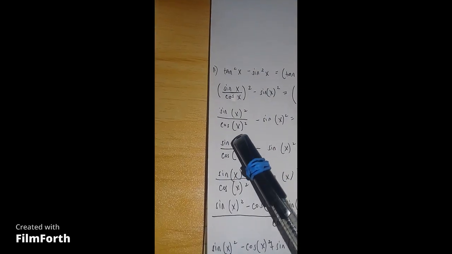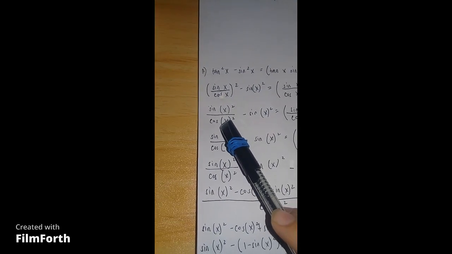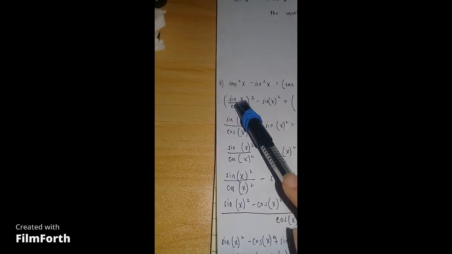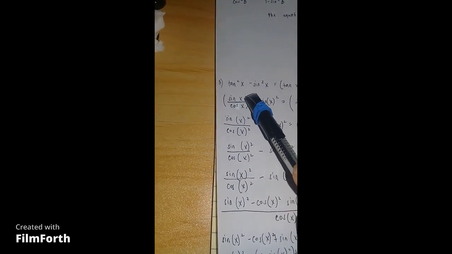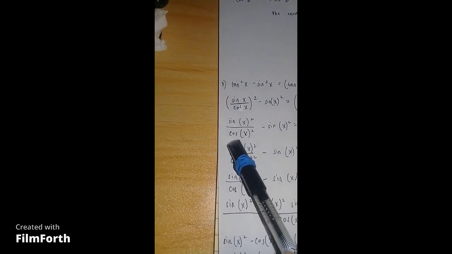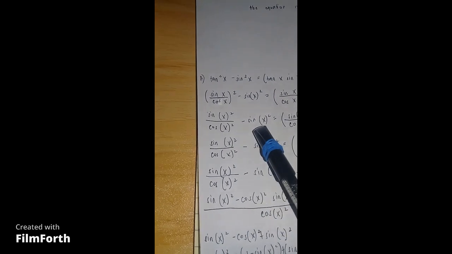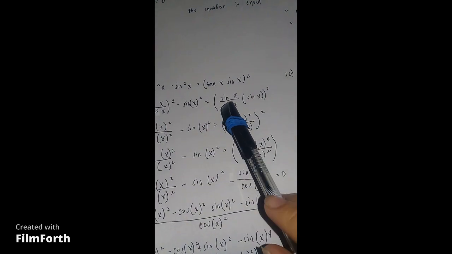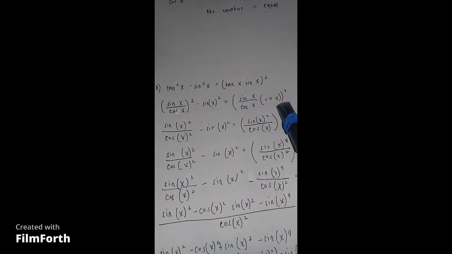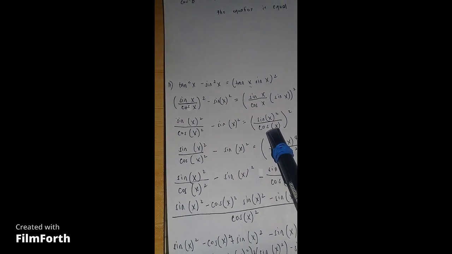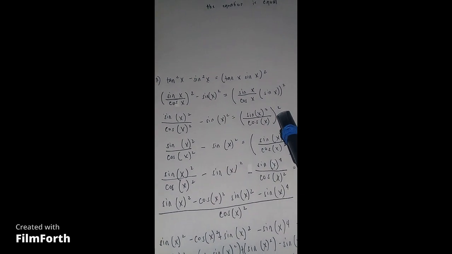So let's go. We just square both sides. So we have sin x squared over cos x squared. Just copy the negative sin x squared, and then sin x times sin x will be sin x squared, and copy the denominator and copy the squared.